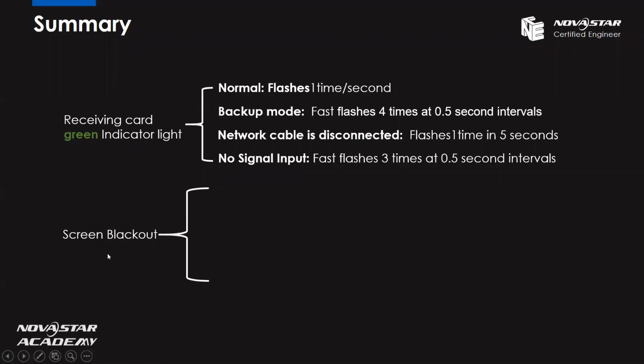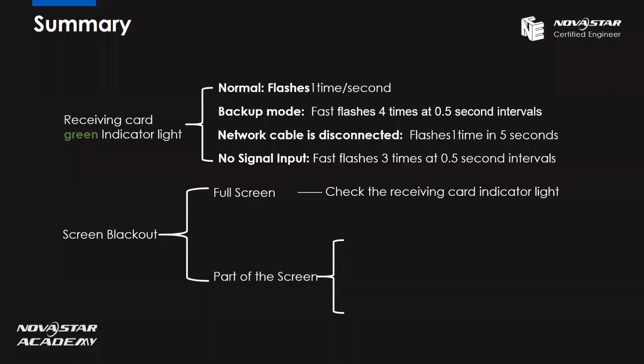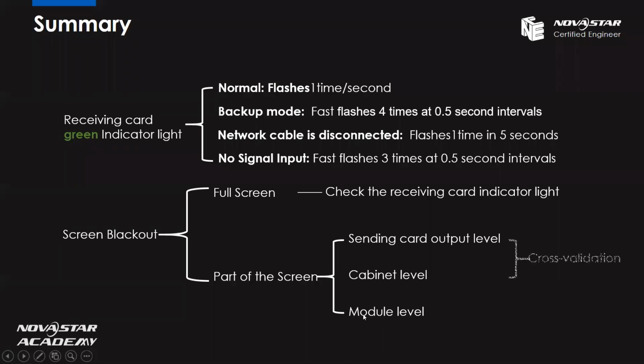And also, we learned the screen blackout issues. It can be divided into 2 situations. The first one is the full screen blackout issue. So we need to check the receiving card indicator lights first. And the second situation is part of the screen blackout: the sending card output level, cabinet level, and module level.